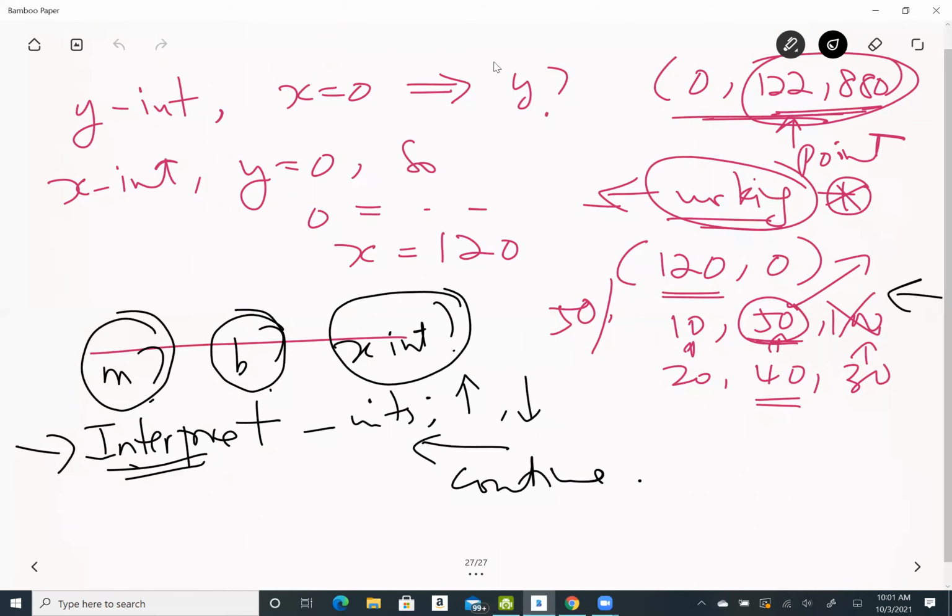Kalau tak ada bunyi ni, saya punya sound tak ada. Microphone. Hello?